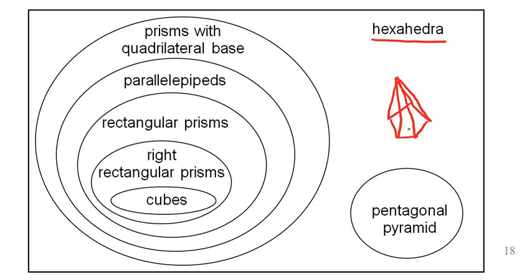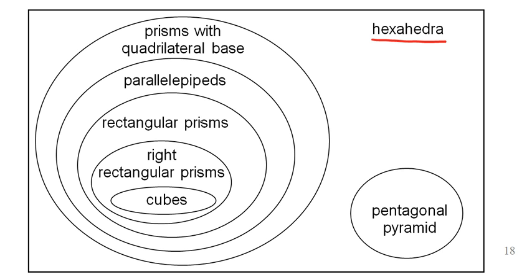So it kind of fits onto its own little thing over here. Now, also, besides those pentagonal pyramids, I do have other funky 6-faced figures that would just be kind of floating around in this area right here. They can be hexahedra, but they're not pyramids and they're not any of these prisms.